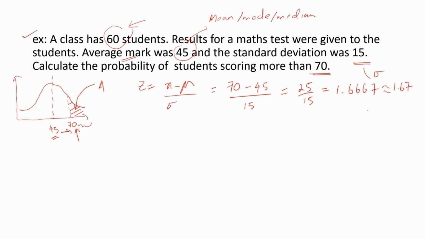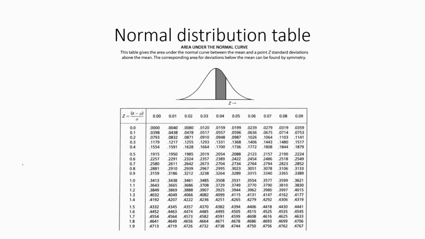So now what we have to do is refer to the normal distribution table and find the probability of 1.67. Let's do that. We have to find the probability of z-score equals 1.67. First, we have to go along this column this way: 0, 0.1, 0.2, like that. There is 1.6 here.